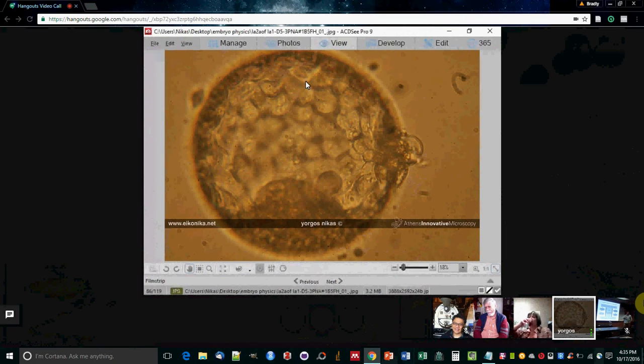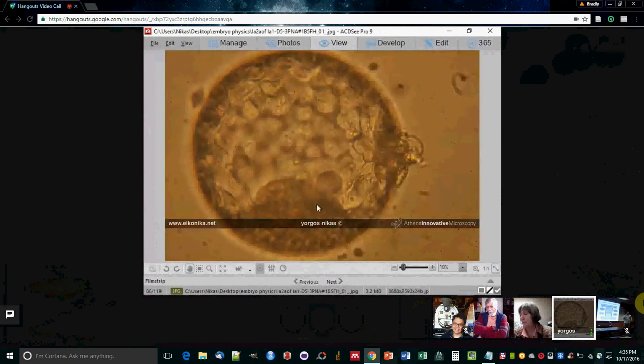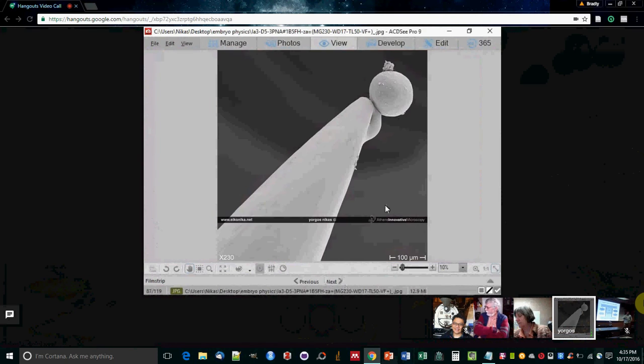And now another embryo with, what is this? Yes, another inner cell mass, a good inner cell mass here you see in light microscopy. It started to hatch on day 5 also. I put it first here, and the inner cell mass goes down because of physical laws.